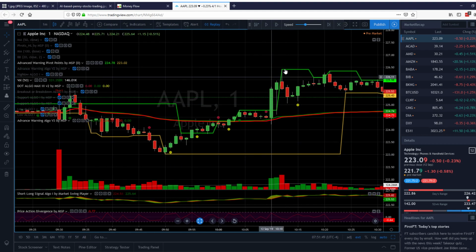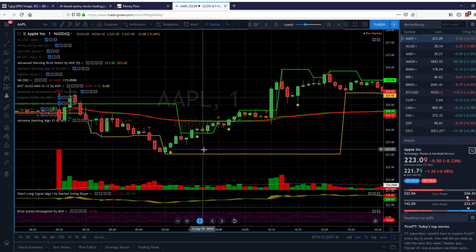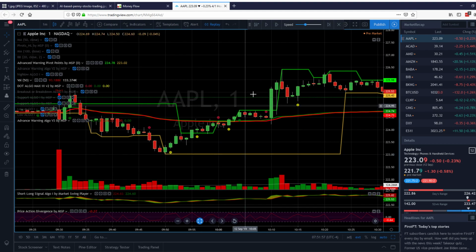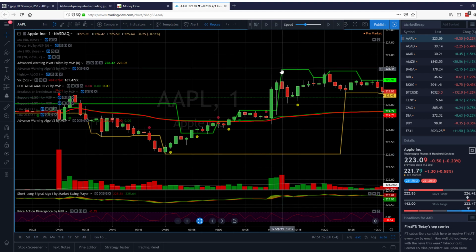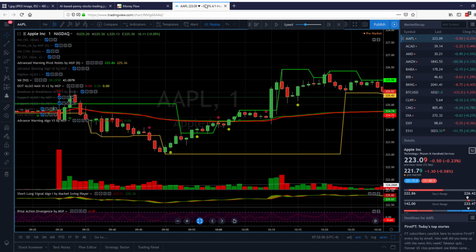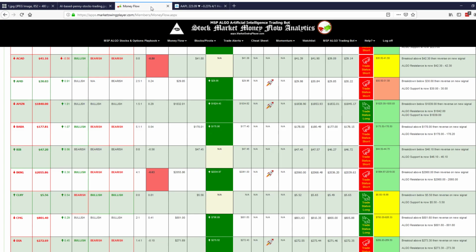So we got a scalp trade. We're out of that trade. So price went from 223 to 226, and you were able to gauge that before the market opened. Now we're going to look at Amazon.